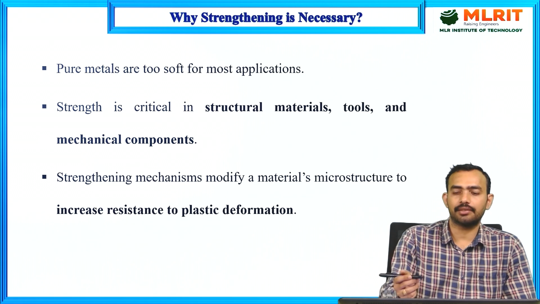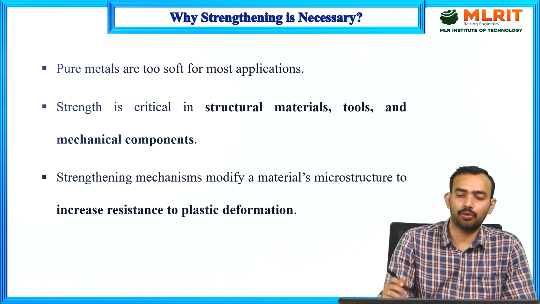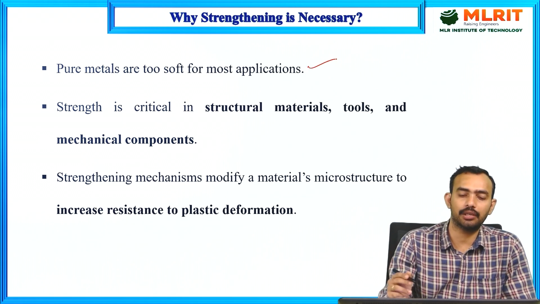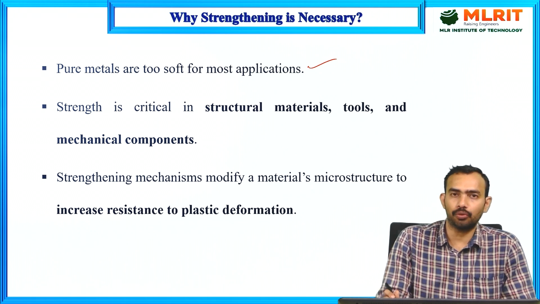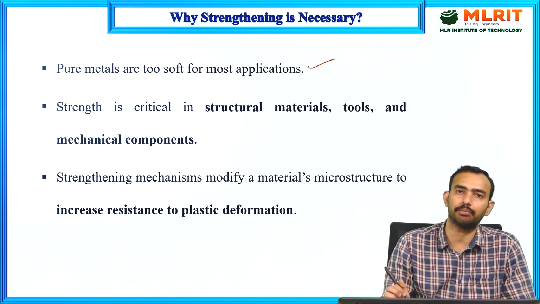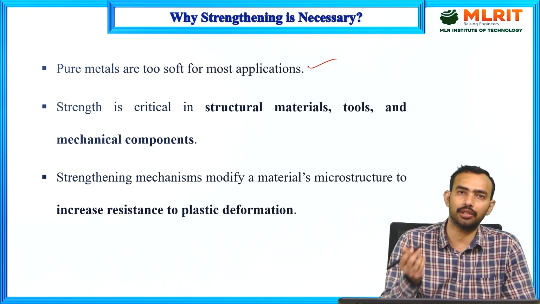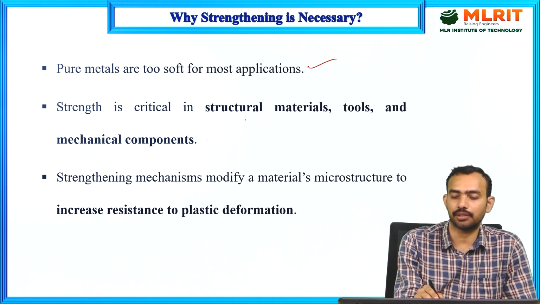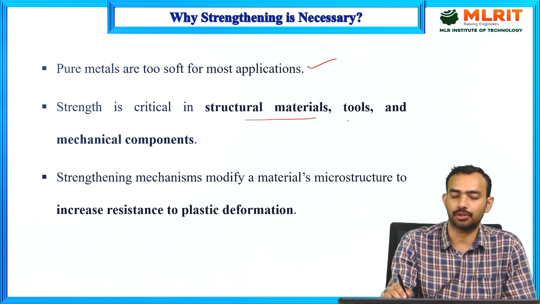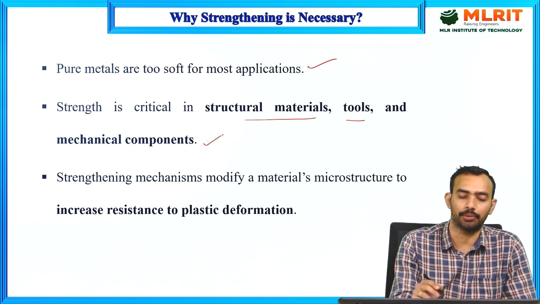So why is this strengthening necessary? We all know that pure metals are too soft and are not suitable for most engineering applications. So we have to increase the strength of that material. We have to strengthen those materials. Strength is critical in most structural materials, tools and mechanical components.